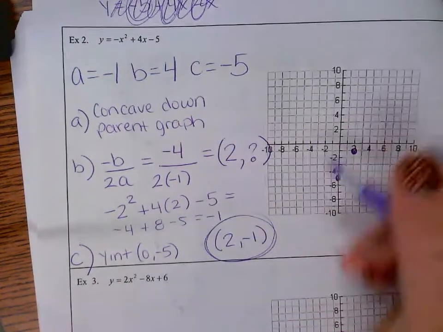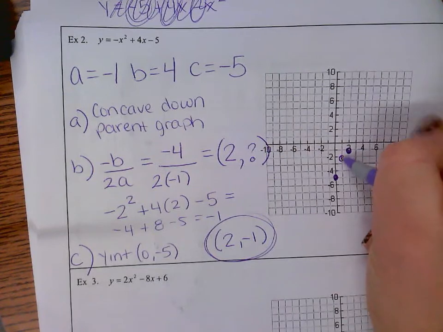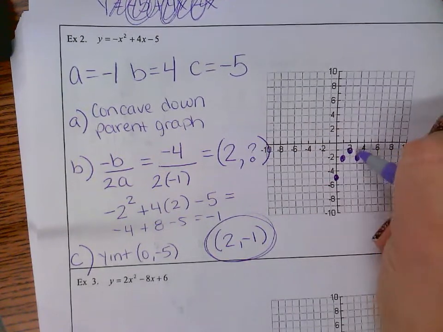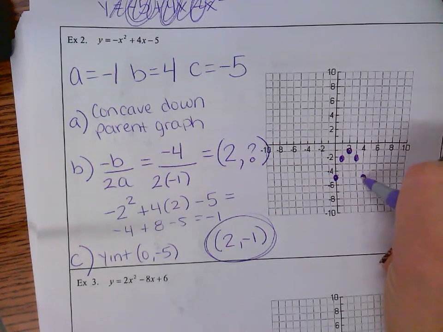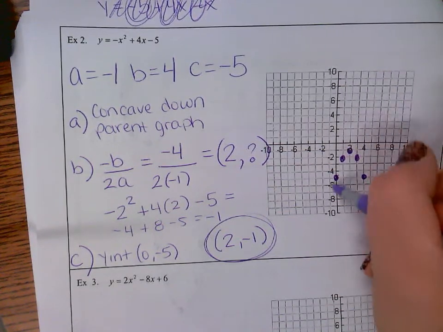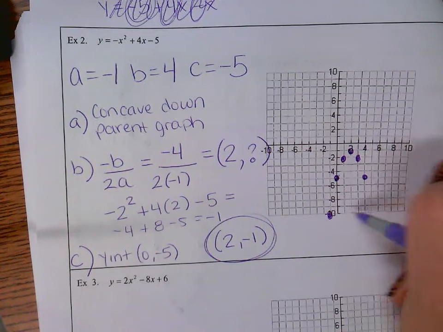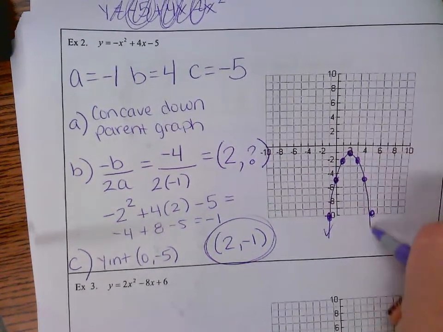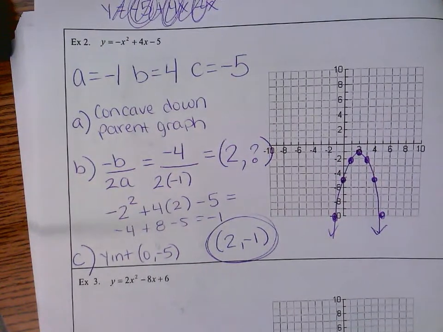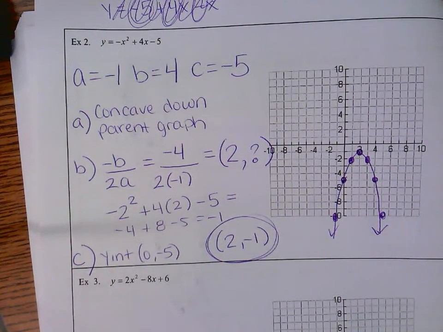So I would go over 1, down 1. Over 2, down 4 should hit that y-intercept exactly. And then over 1, 2, 3, down 9, I would be at -10. So that's a concave down one. You find the vertex and then you do the moves in that direction.